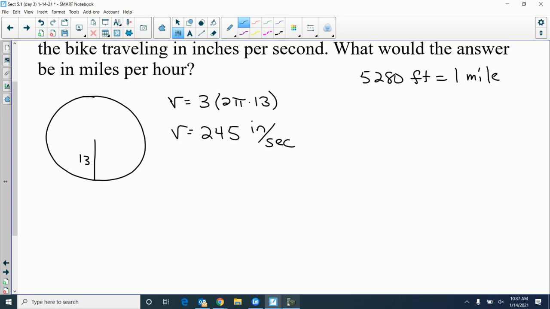So if it travels 245 inches per second, I don't care how you get it as long as you get the right answer. I would convert that to how many inches in an hour. So how many inches in a minute? Well, you got to multiply that times 60. That'll give you the number of inches in a minute, right? And then you take that and multiply it by another 60 to figure out how many inches is an hour.